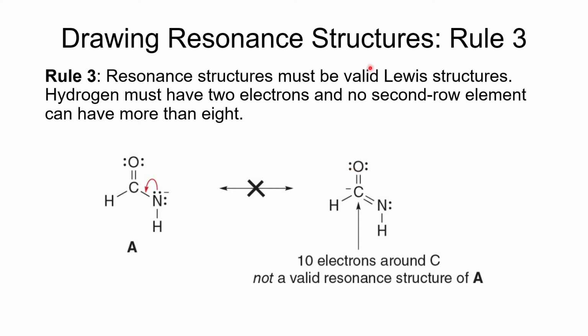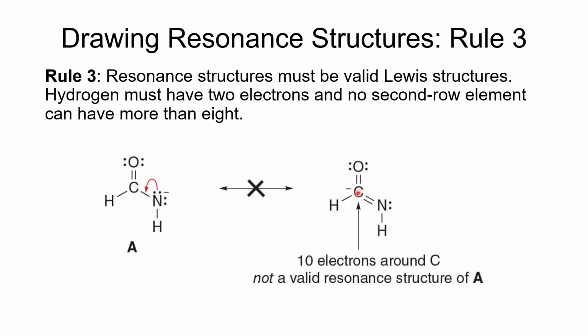So, for example, here we've got this particular structure. This is the same one that we were looking at a moment ago, but we've drawn this faux resonance structure. It's not a real resonance structure because you'll notice that there are 10 electrons around that carbon. Well, that is forbidden. That is against the rules for doing resonance structures.